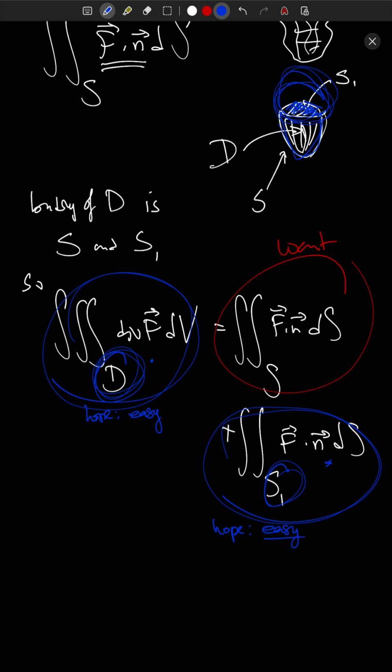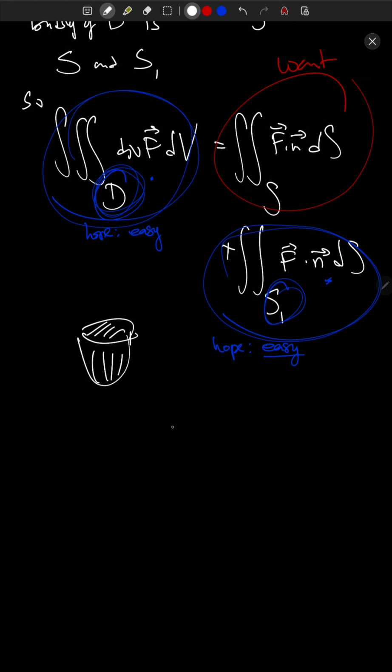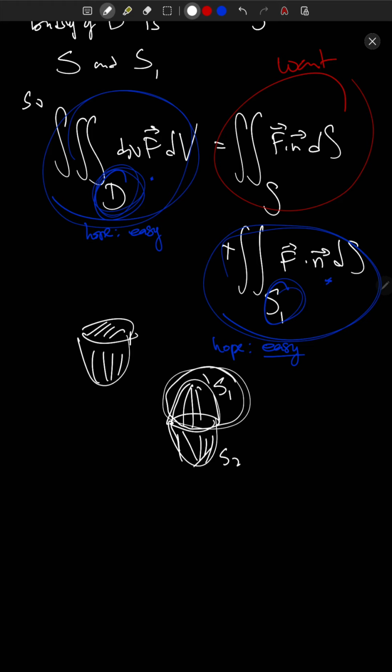However, notice one thing here. You don't necessarily have to cap it off in this obvious manner. I capped it off with a flat plane like this, and the inside of that was my region. But potentially I could cap it off like this, and then S1 would be this, S2 would be this. My region D would now be the inside of the whole bubble, and the calculation of S1 would be like a bubble integral on this upper bubble.